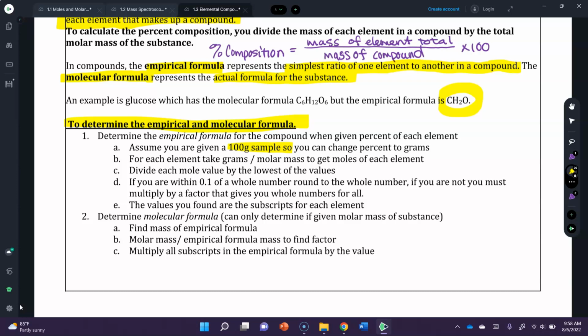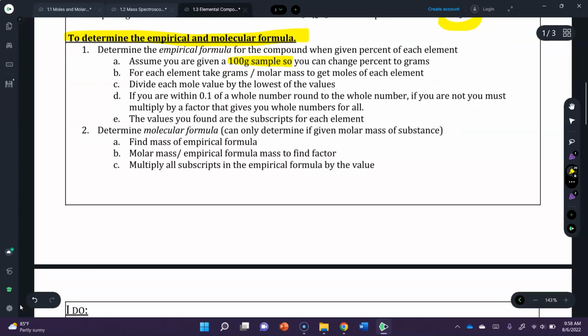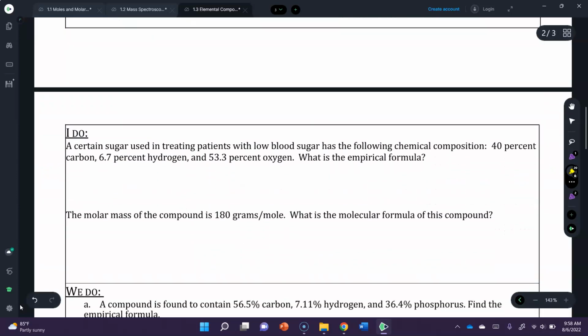And then you do some molar mass conversions and some division to get whole number ratios. And then to get the molecular formula, you have to be given the molar mass of the molecular formula. So we'll look at those here.